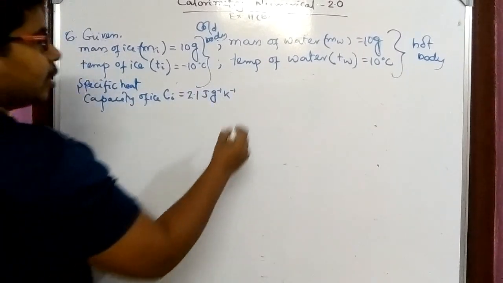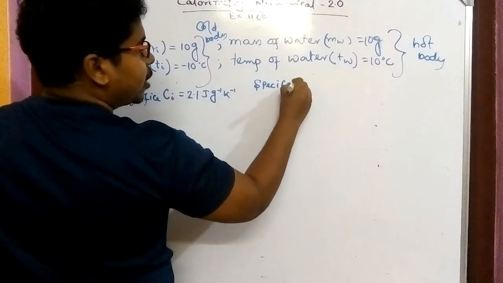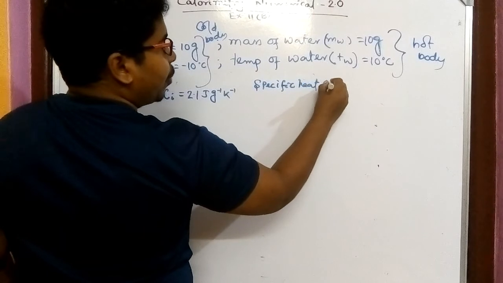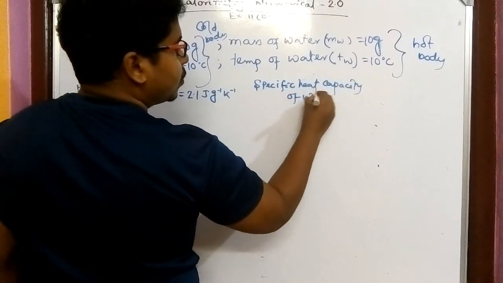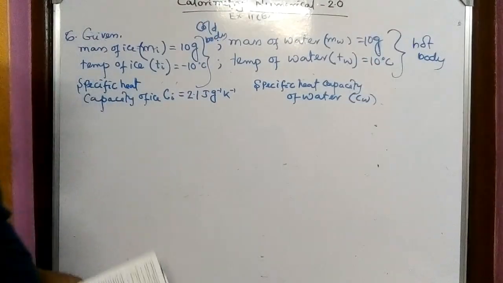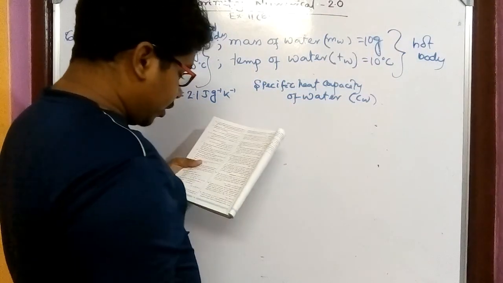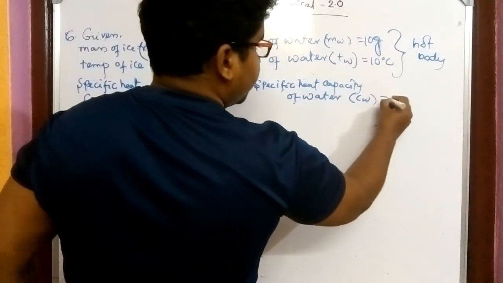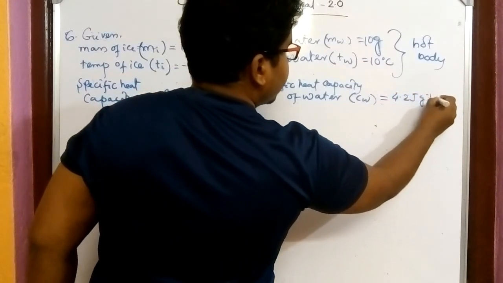And you all know the specific heat capacity of water, that is denoted as Cw, that is 4.2 joule gram inverse Kelvin inverse.